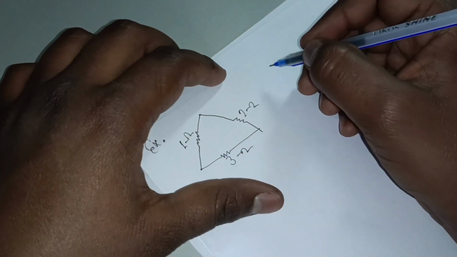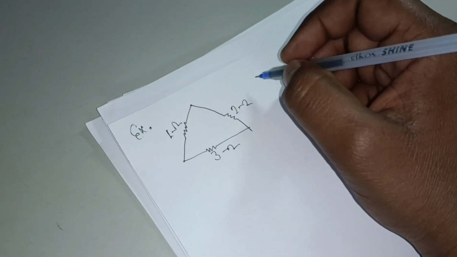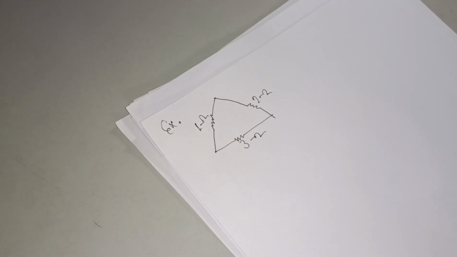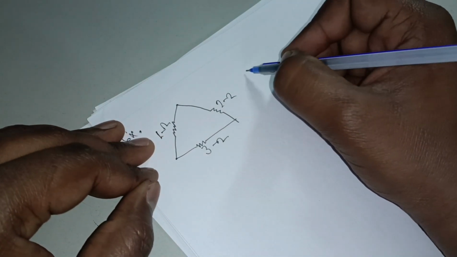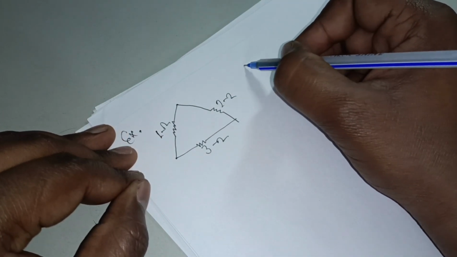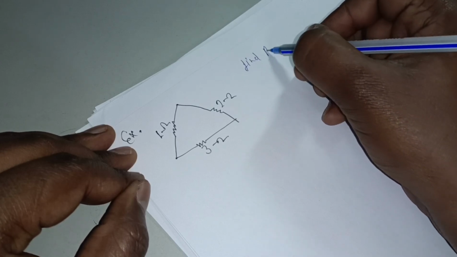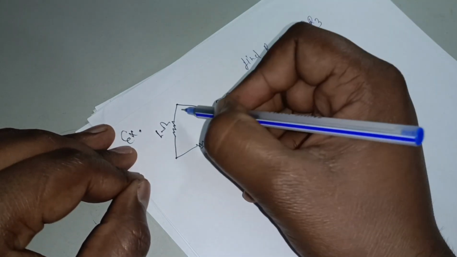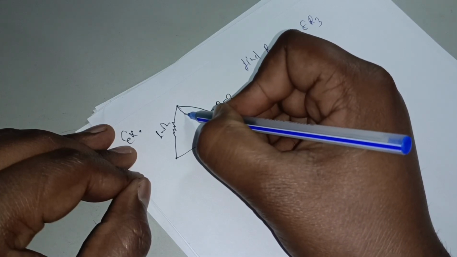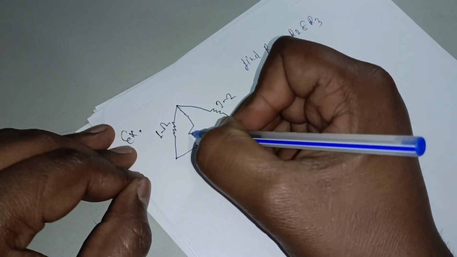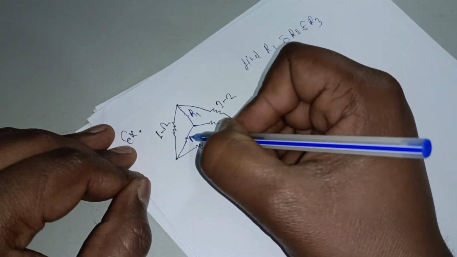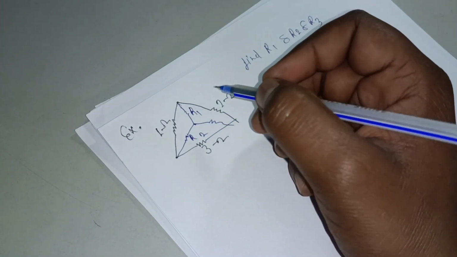So here we have to find R1, R2, R3. So first of all we change it into resistances. This is R1, this is R2, this is R3.